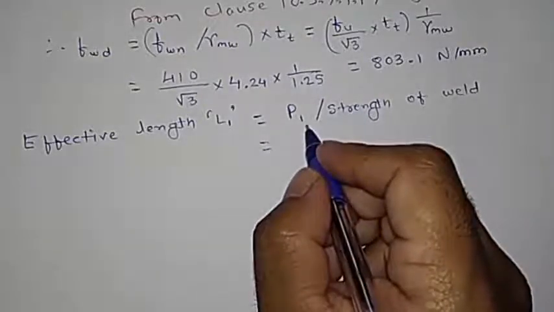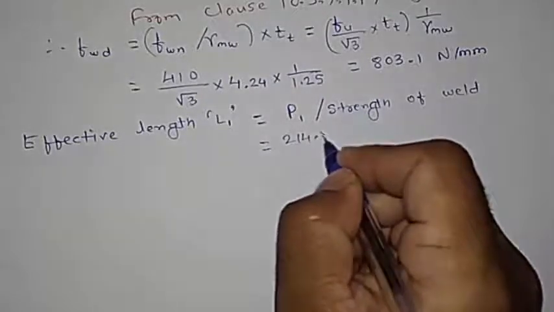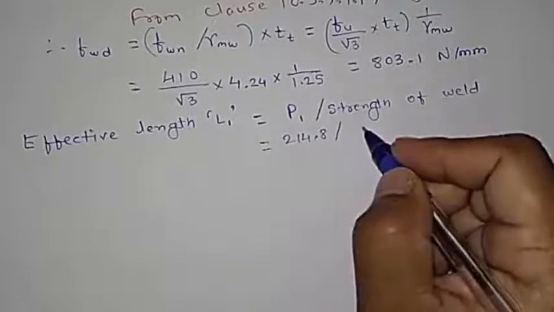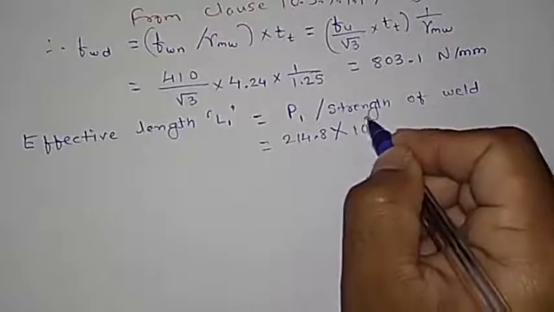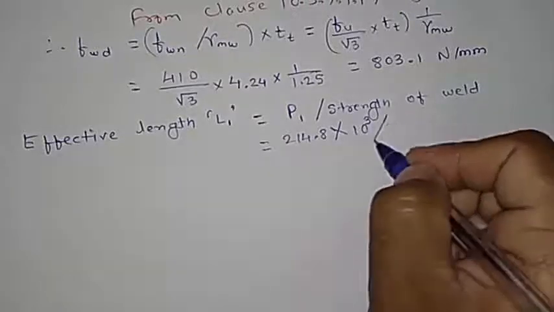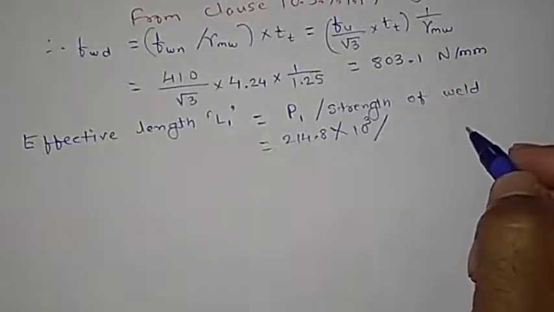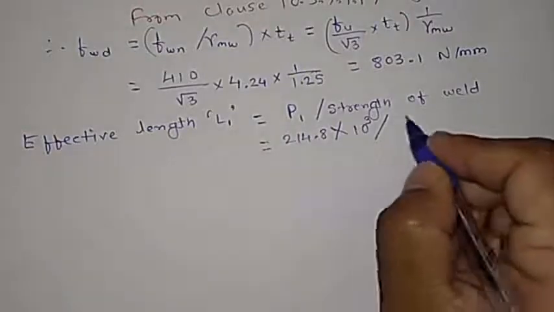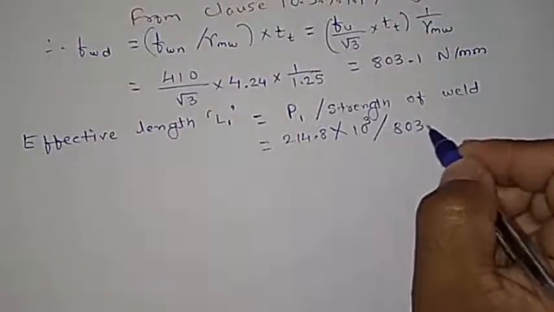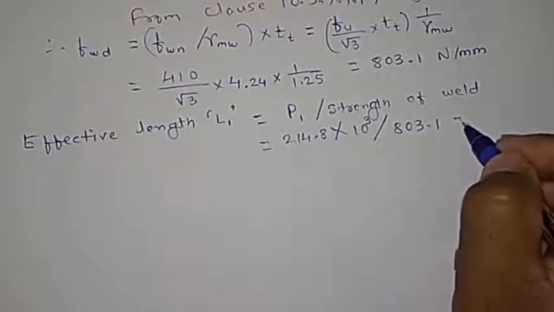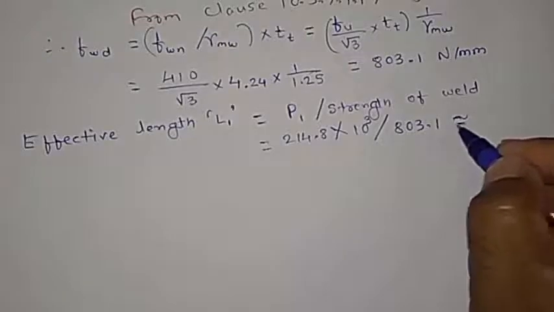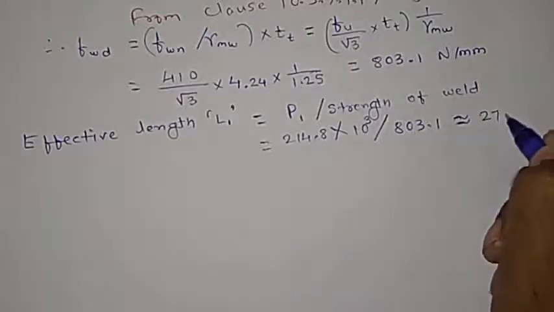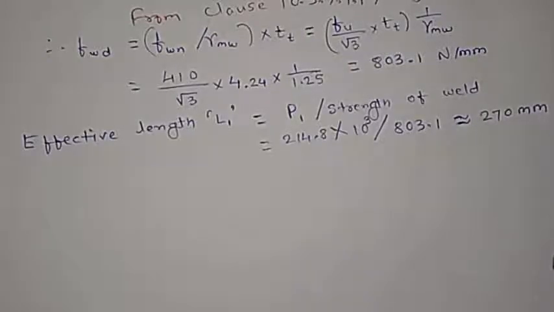So here P1 equals 214.8, multiplied by 10³ to make it in terms of Newton, divided by 803.1. So here you will get the length around 270 mm.